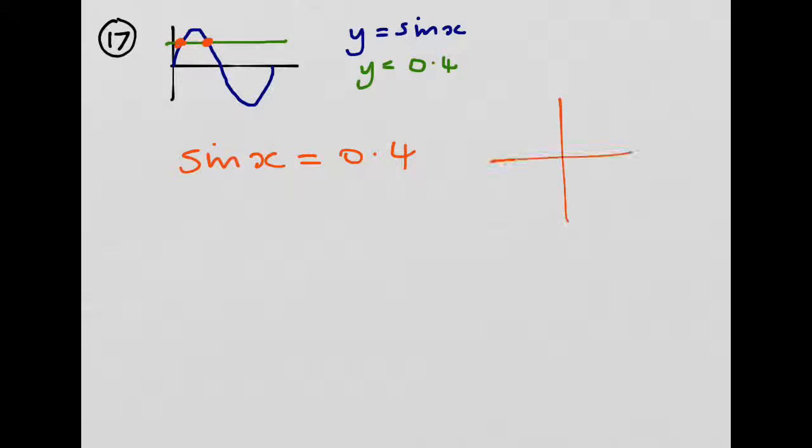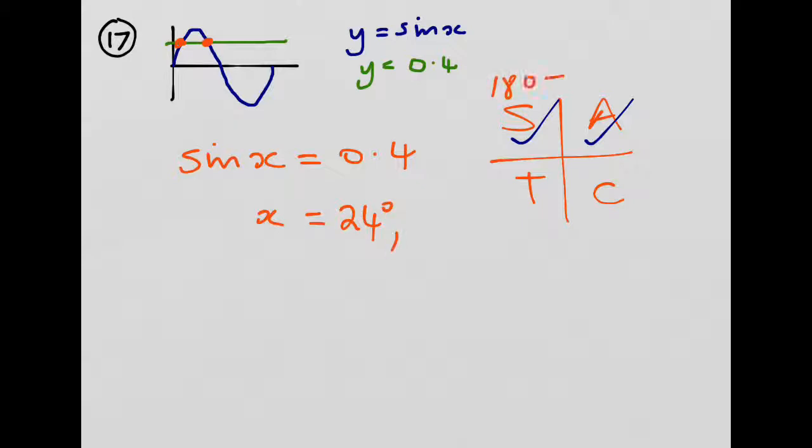So if we go back to our all sine, tan, cos diagrams, it's a sine question and they're positive, so I'm going to tick A and S. From the calculator, the second sine value for 0.4 comes out to be 24 degrees, and the answer in the sine box is 180 minus, so 180 minus that is 156 degrees.